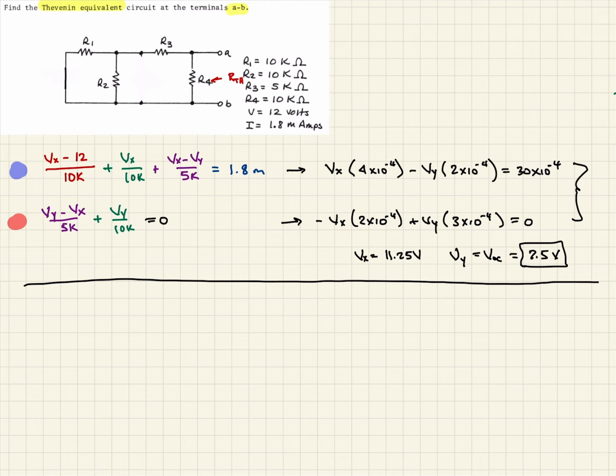Okay, and so now looking at this, we can start to reduce things a bit. And so let's write in the values just to make things maybe a little simpler. So we know this is 10K, we know this is 10K, we know that R3 is 5K, and we know that this is 10K. So now if we look at this, the first thing we see is these two here, and they are in parallel.